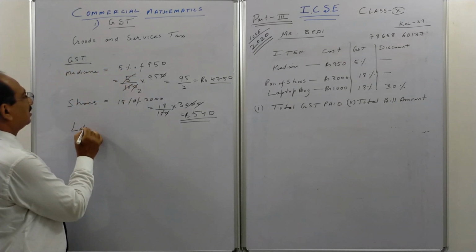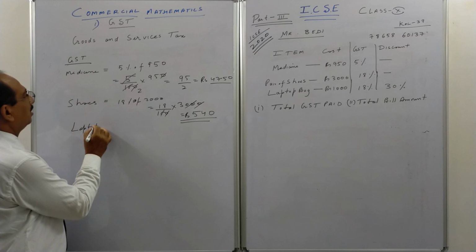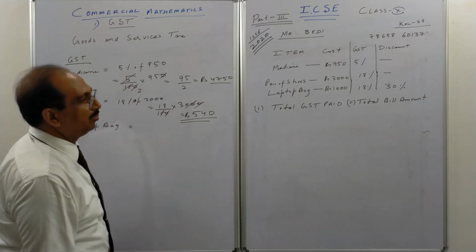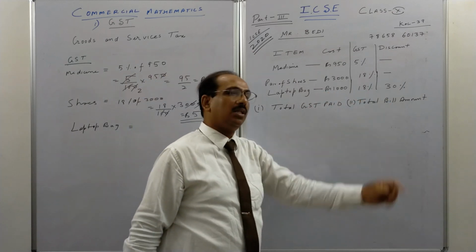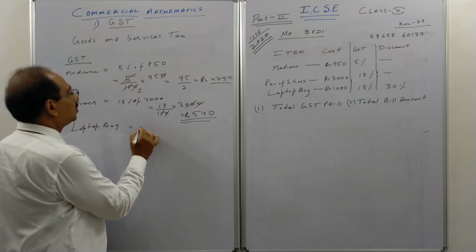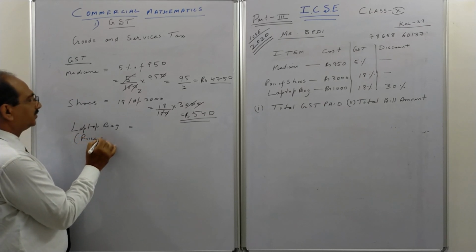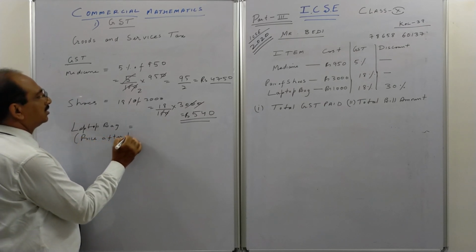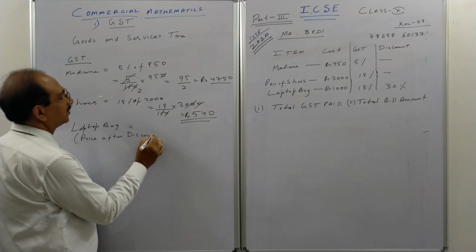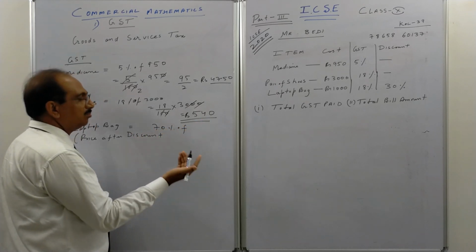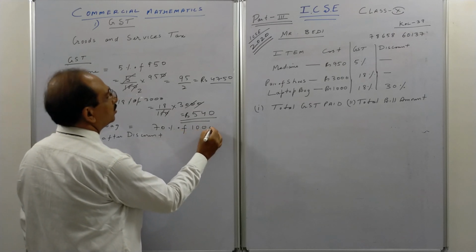Laptop bag, children, not laptop. Laptop bag. I'm talking about GST here. But before you apply GST, 30% discount. So first, price after discount is 70%, 30% off means 70% of 1000.